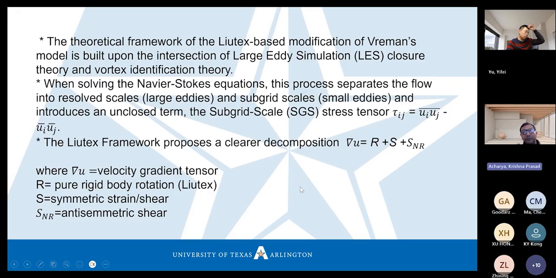The Liutex framework proposes a clear decomposition, nabla u is equal to R plus S, where nabla u denotes the velocity gradient tensor, R denotes pure rigid body rotation known as Liutex, and S denotes symmetric strain or shear, and the remainder denotes antisymmetric shear.